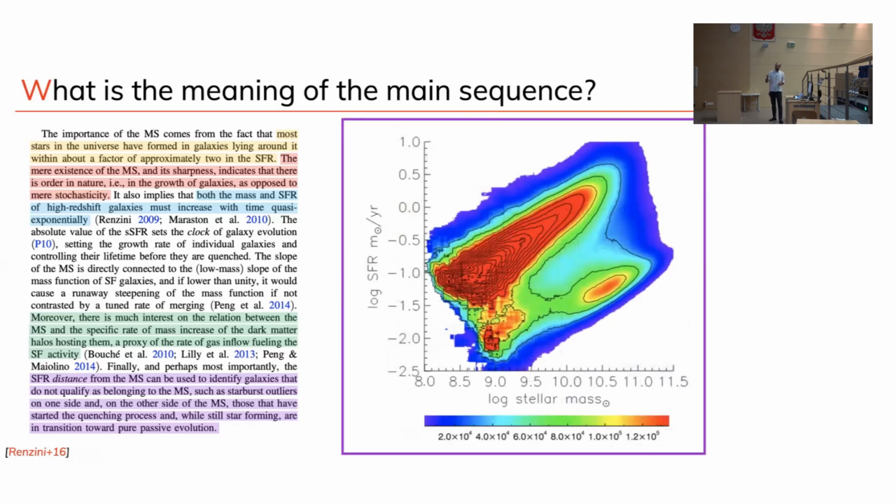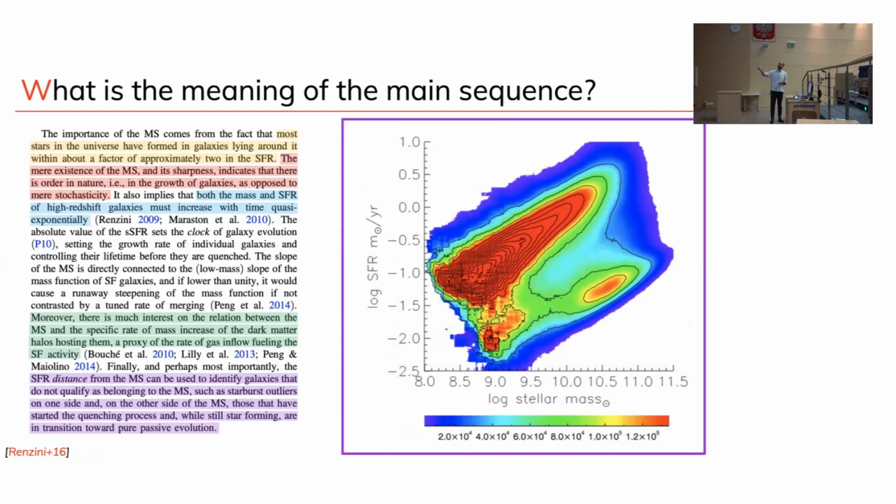The final point, which I'll just show you here for reference, is the exact same plot I was showing you yesterday. This is one of the versions of the main sequence at redshift 0, with your star-forming galaxies here and quiescent galaxies down here, in two different clouds. At this very high mass there are very few galaxies in between, known as green valley galaxies. Defining the framework of the main sequence allows you to determine what is an outlier with respect to this relation.